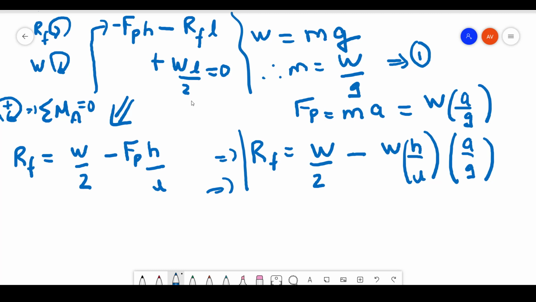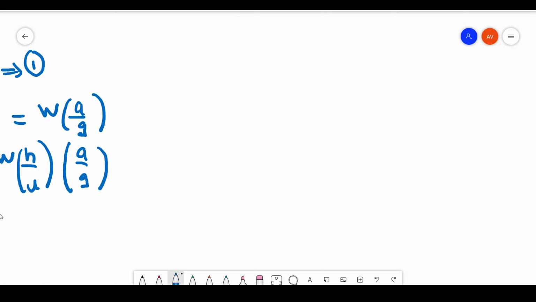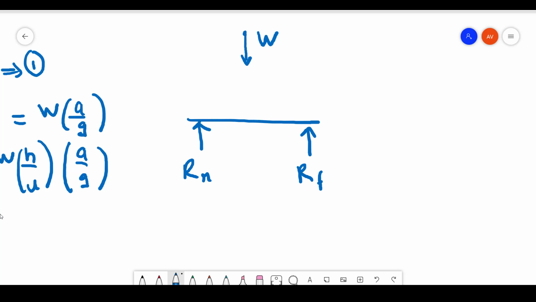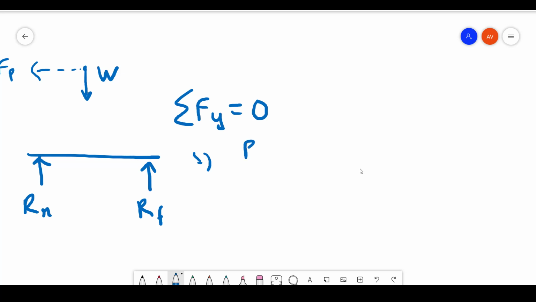Now let's go further into the problem. If you look at the forces, you had W acting downwards, you had RR and RF acting upwards, and you had your pseudo force in this direction. So if you take your net force along Y equal to 0, you are going to get RR plus RF minus W is equal to 0.